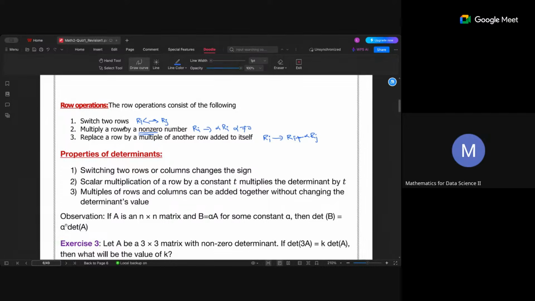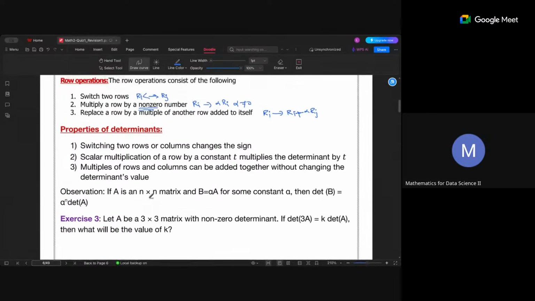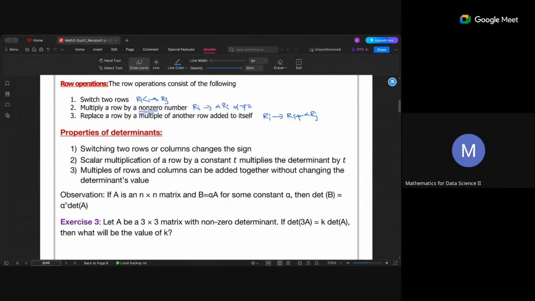A second property: multiply a row by a non-zero number, then the scalar multiplication of a row by a constant t multiplies the determinant by t. And the last one does not affect the determinant. So this operation can be done without affecting the determinant. These are the properties of determinant when we do row operations.